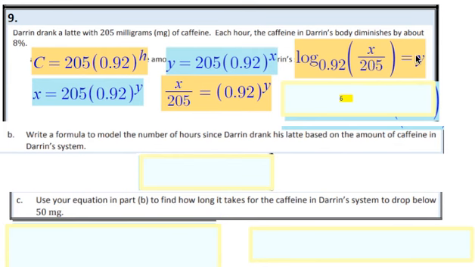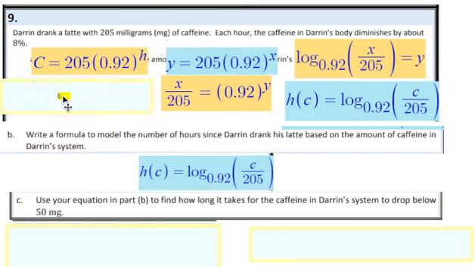I've achieved my goal. So now what I want to do is just bring in the notation based on hours and caffeine. So H of C gives us the log base 0.92 of C over 205.